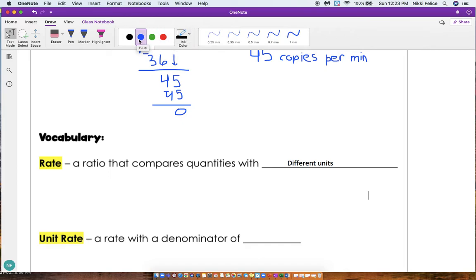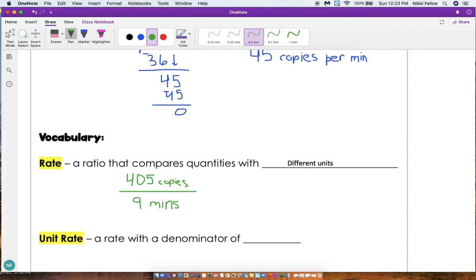The problem gave us the rate of 405 copies per 9 minutes. Copies and minutes are different units. So that was a rate. Now when we have rates, we usually write it as a fraction.